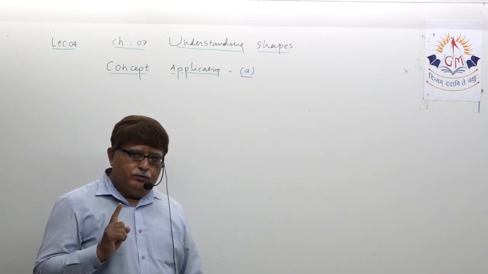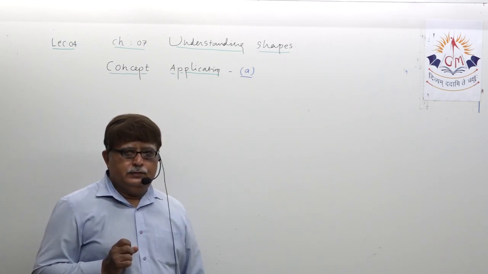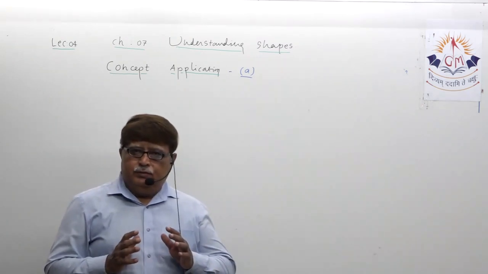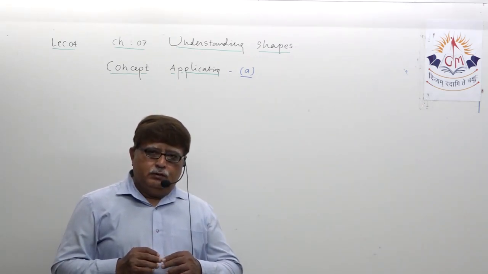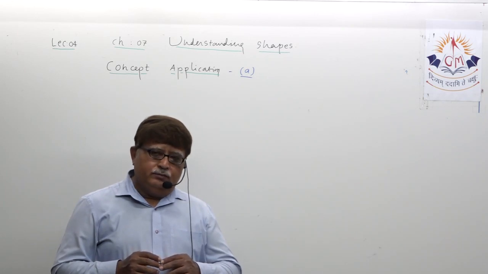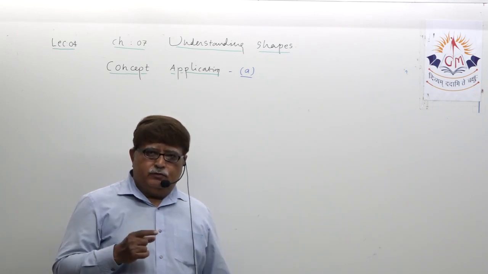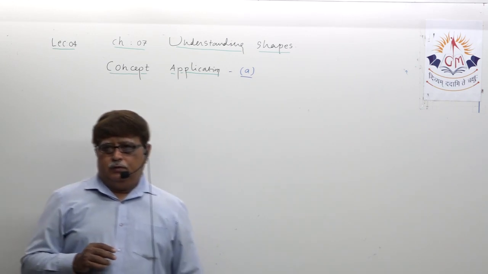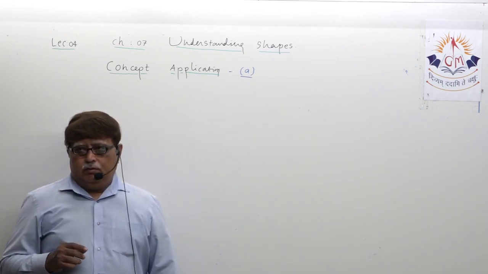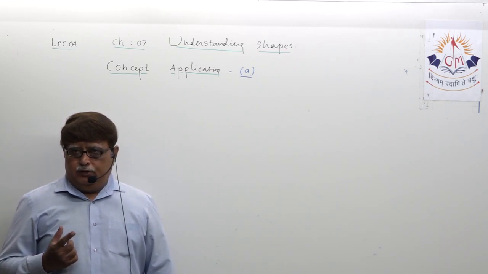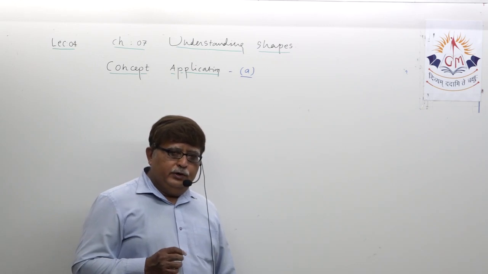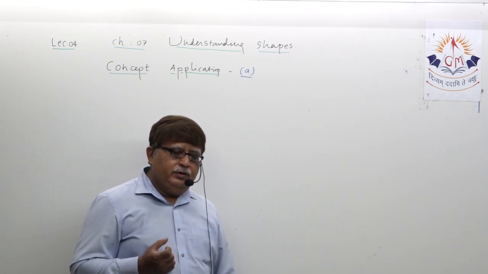So first, dear student, you need to understand the meaning of coplanar line. I explained to you at the start of this chapter the meaning of coplanar points, that you all know. Now, coplanar line, what does it mean?